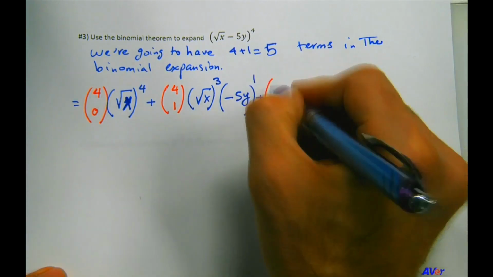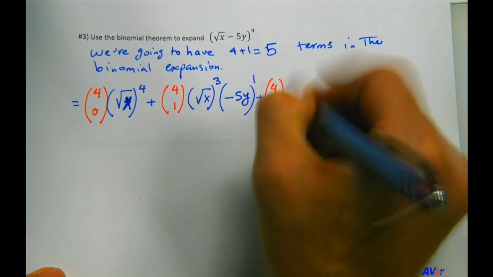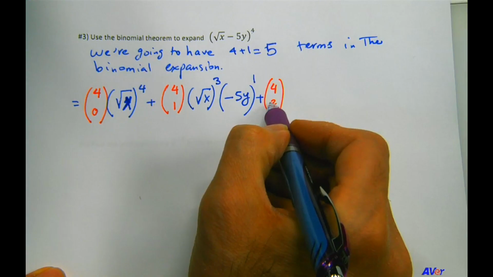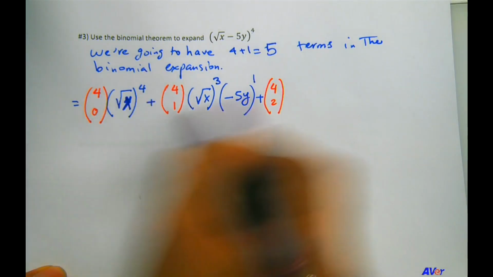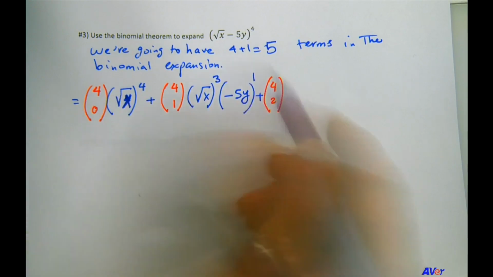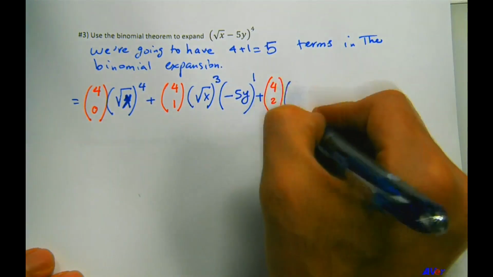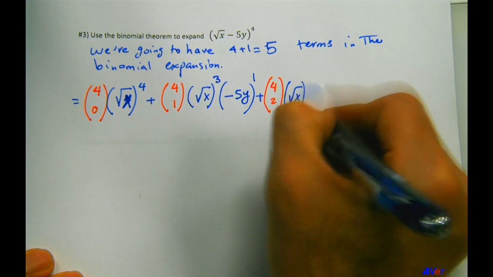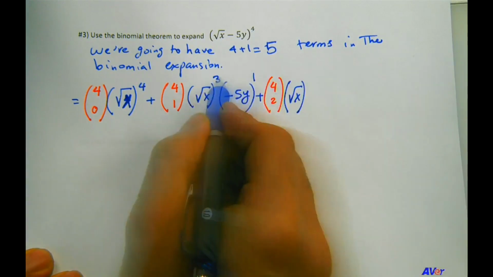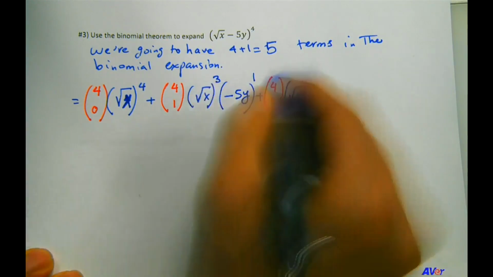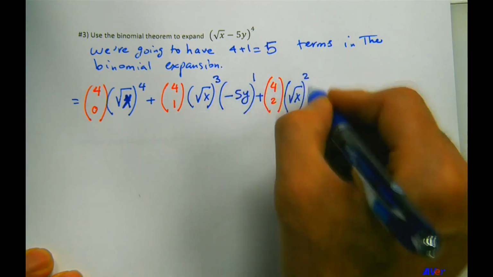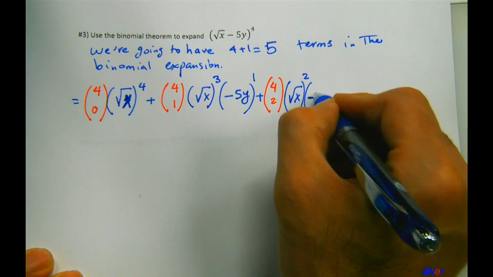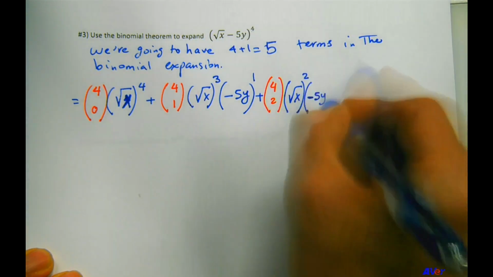So 4 choose 2 is the binomial coefficient for the third term, right? 4 choose 0, 4 choose 1, 4 choose 2, times square root of x to what power? Reduce the power for square root of x by 1, so squared. Increase this one by 1.